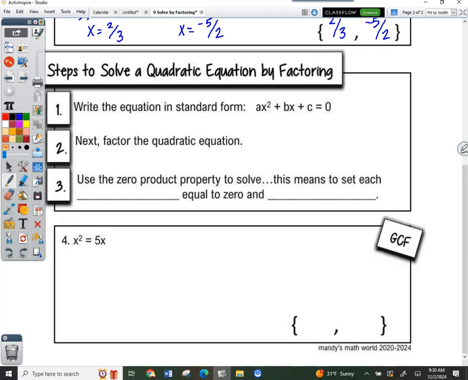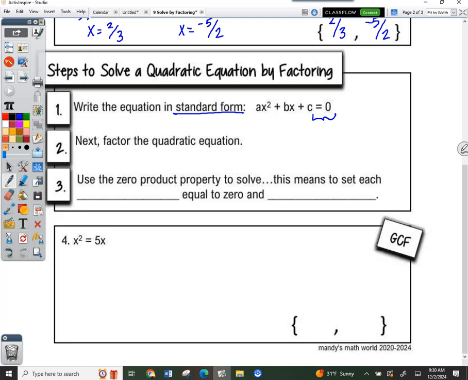So the first thing you need to do is get the equation in standard form. Notice standard form means that everything is on one side of the equal sign and then it's equal to 0. That's standard form. Then you're going to factor the quadratic equation.